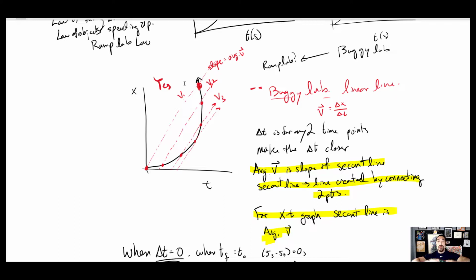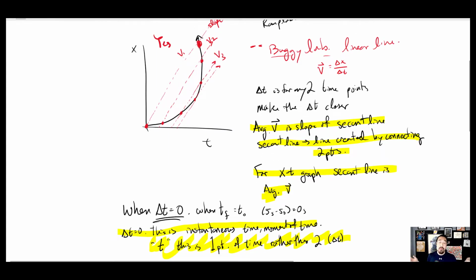Now, we went to the mind of the geniuses of the past, and we said, what if we shrunk down the delta t, the 2 points, and we made them closer and closer together? What happens? Well, there's going to be a point where you can only make those 2 points as close together as possible, and eventually we're going to get to a point where it's basically the same point, and at that point we call that the tangent point. And that's how we get instantaneous velocity, where previously we only talked about average velocity.